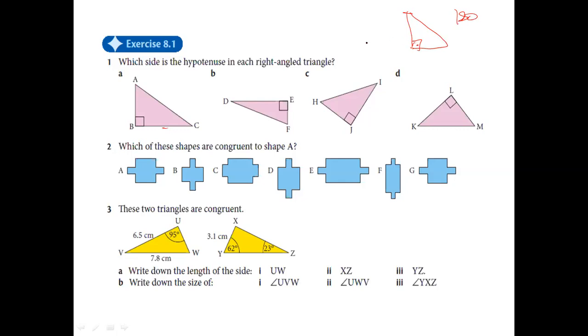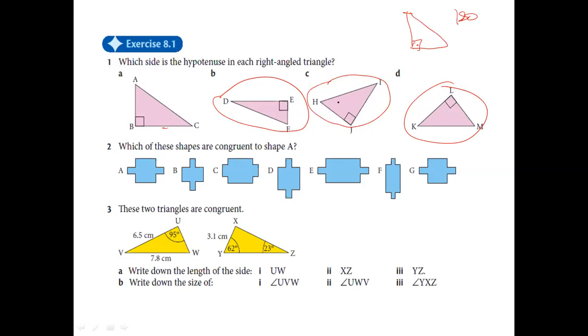As you see, this one is also a right angle triangle, and option B also is a right angle triangle. That's why, since at least one angle of these triangles is equal to 90 degrees, these shapes are called right angle triangles.